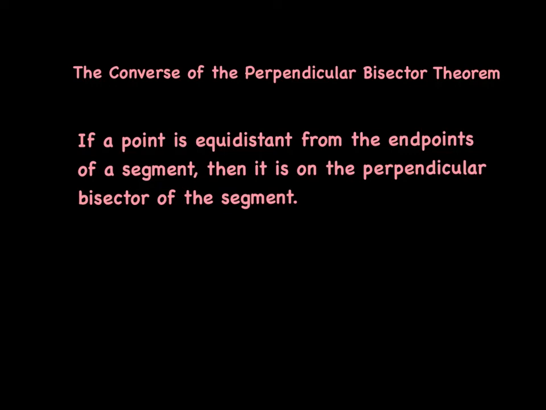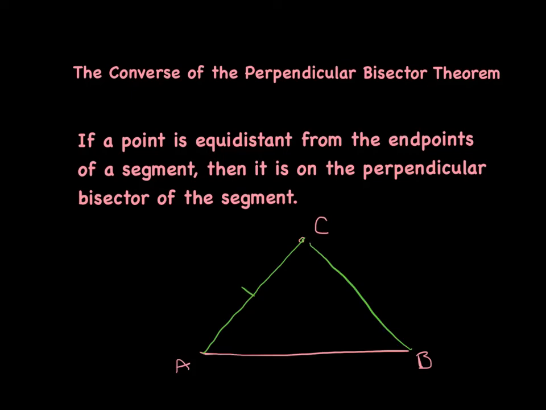So just a quick, what that would look like is if I have a segment AB, and I have a point C, such that if I draw a segment from C to A and C to B, and they're equidistant, then that means that there's some imaginary line that's drawn through C that is the perpendicular bisector.